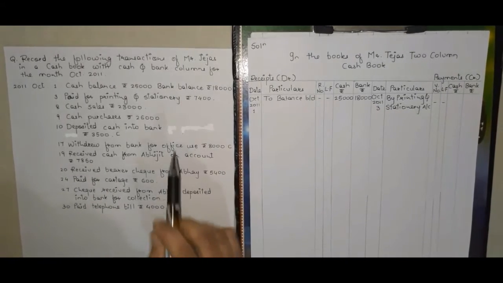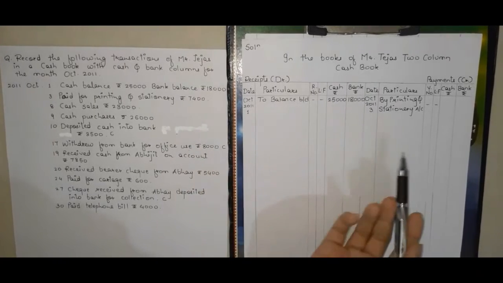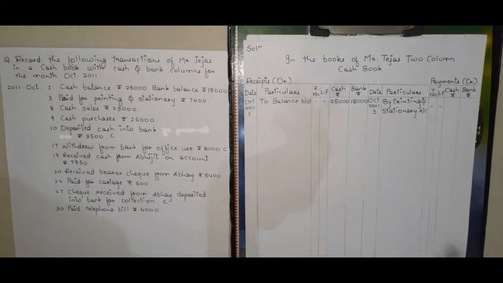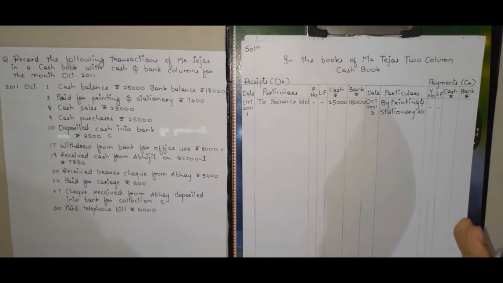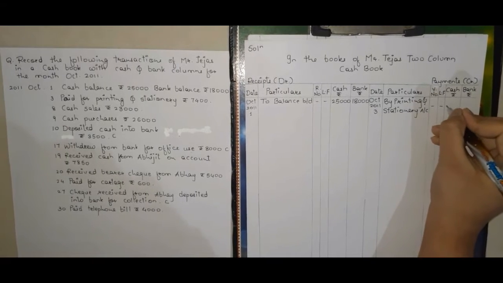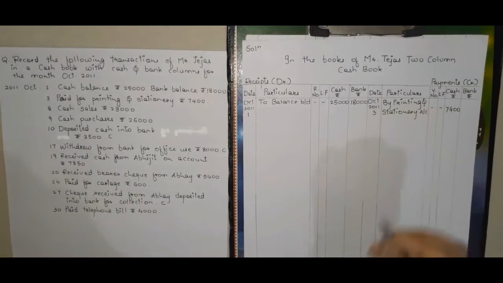Here they haven't mentioned whether this amount we have paid in cash or by check or by other form of payment. So as a default, we will write that amount in the cash column, 7,400.